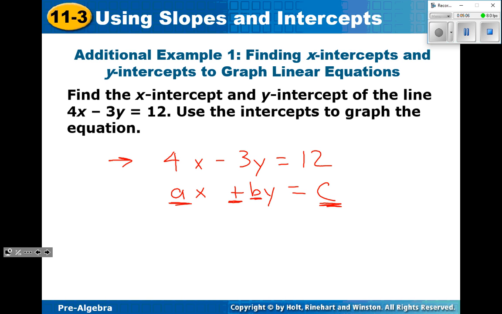So this equation is expressed in standard form. When the equation is in standard form, it is very easy to find the intercepts. What I would do is just take my hand and cover this piece up, and it leaves you with negative 3y equals 12. And then that's very easy to solve. Just divide by negative 3.